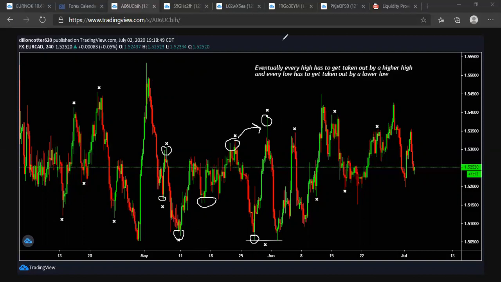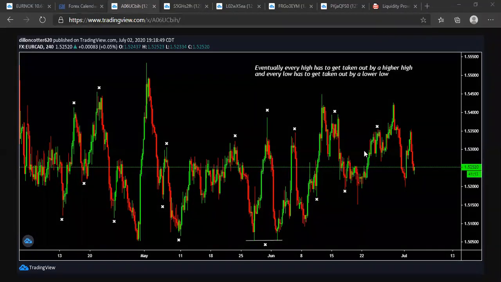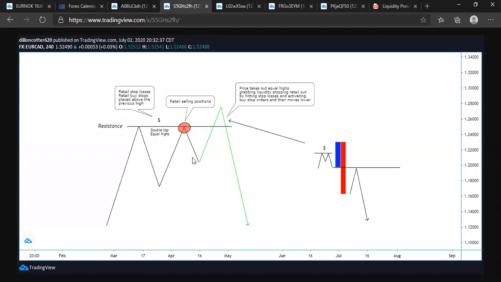And where am I going with this? After we see liquidity that has been captured, that is our time to get in the market or be waiting for a setup. Essentially like this.